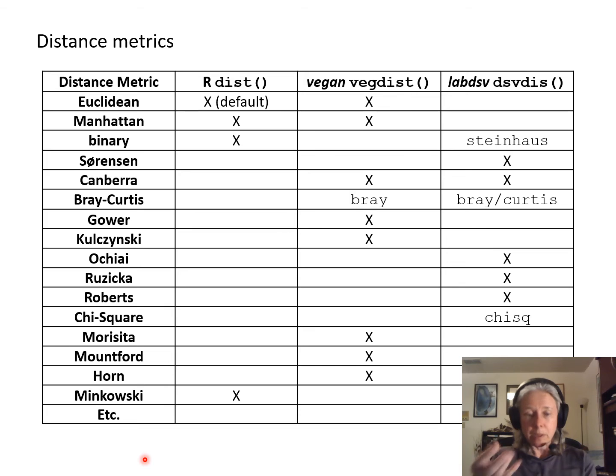So for example, if you have lots of zeros in your data set, true zeros, I'm not talking about missing data, real zeros, if that's more than 20% or 1 out of 5 observations, then the Euclidean metric is not so good, does not hold up very well. So things like that I talk about in the online notes to help you choose which distance metric you're going to need. And so there are two big choices you've got to make. You've got to choose the ordination method, and you've got to choose the distance metric as well.